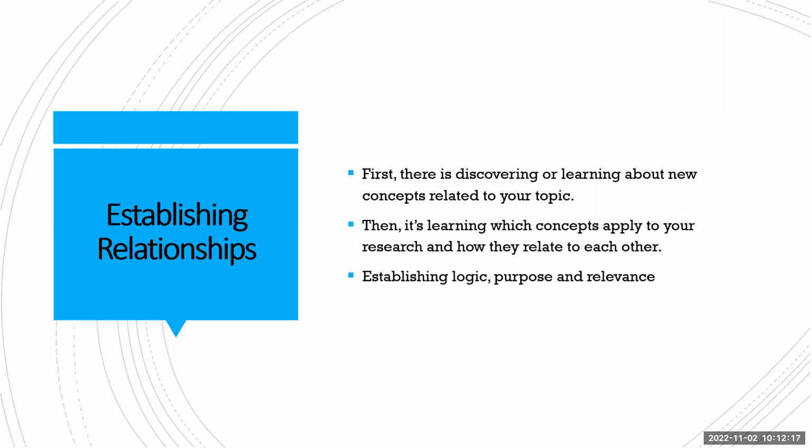It makes sense what they're writing and saying, it's backed up by credible information, and they're addressing the subtopics that may exist in the area they're researching. All in all, these relationships should be used to establish the logic, purpose, and relevance of their argument, of their paper, of their research.